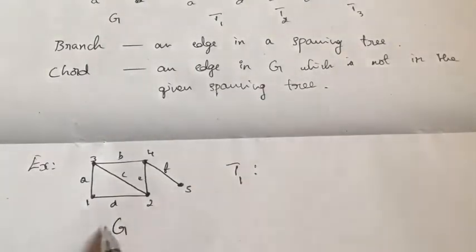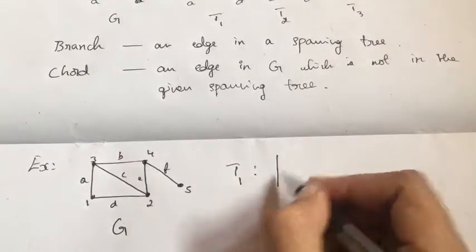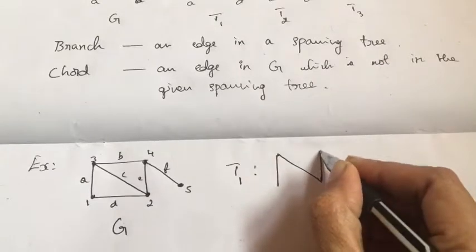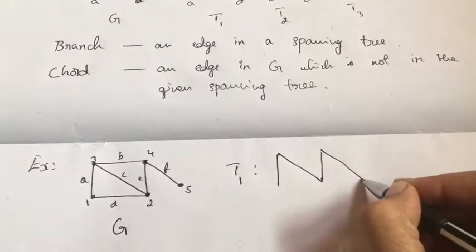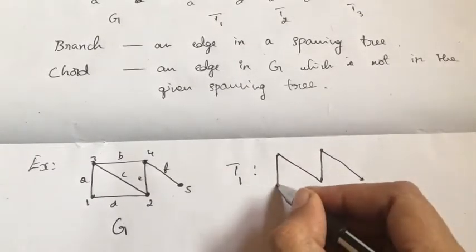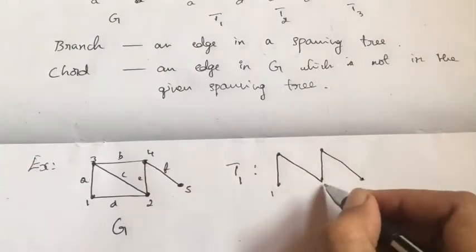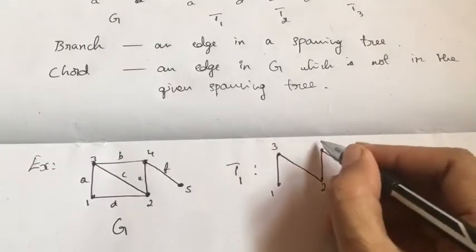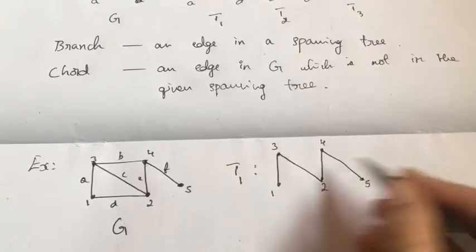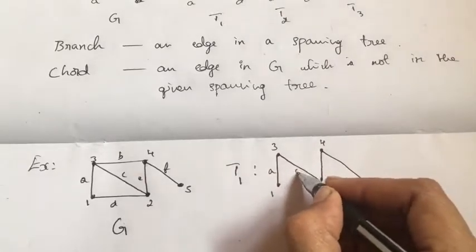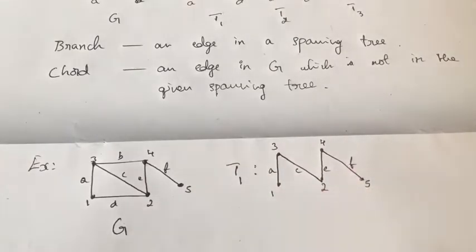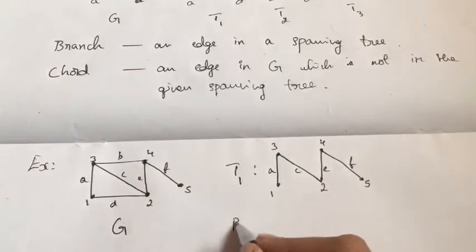A spanning tree is a subgraph of G which contains all the vertices of G. Now A, C, E, F. Now what are the branches?